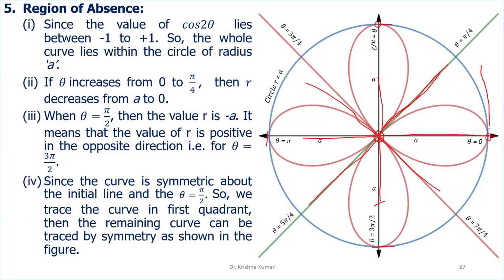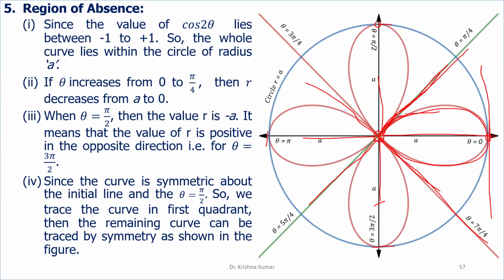This is the tangent at this point. This is the tangent at this point. Okay, so how do we get the first loop? This is the first loop. This is tangent. This is tangent.